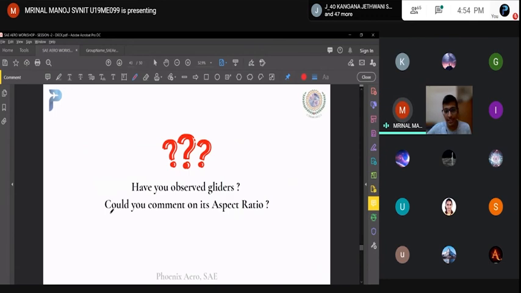Now, a question: have you observed gliders, and can you comment on their aspect ratio? Sir, its aspect ratio is quite high because the wing length is also quite long. Yes, that's the exact answer, but can you tell me why it has to be high for a glider?